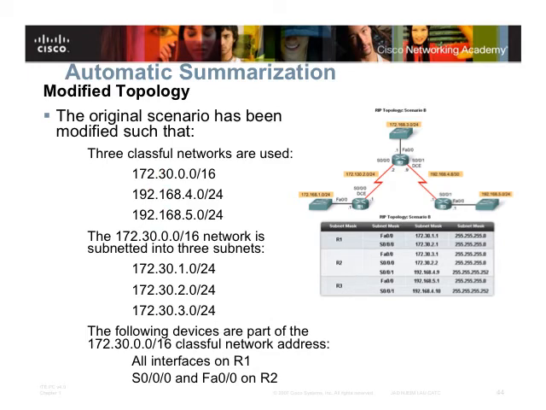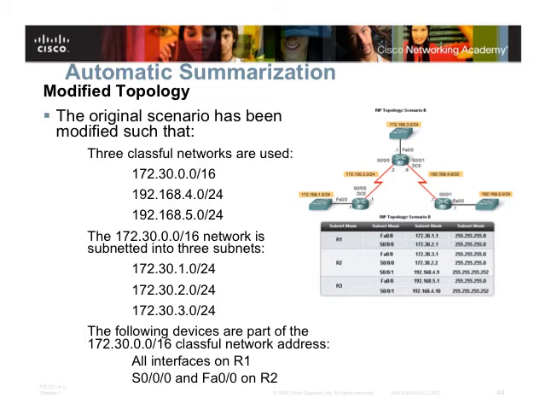Did you understand the scenario? So we have 3 major classful networks. Okay, one of these networks has been subdivided into 3 subnets. But when we subdivide this into 3 subnets, we have to now use a subnet mask which is not /16 because we subdivide a major network.